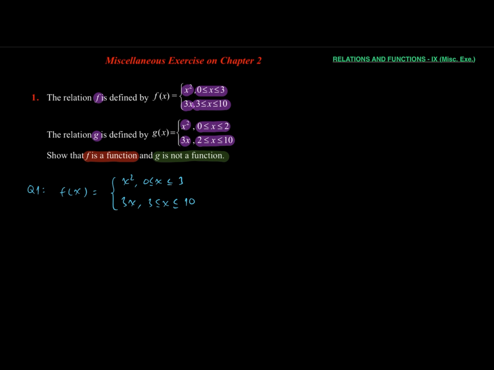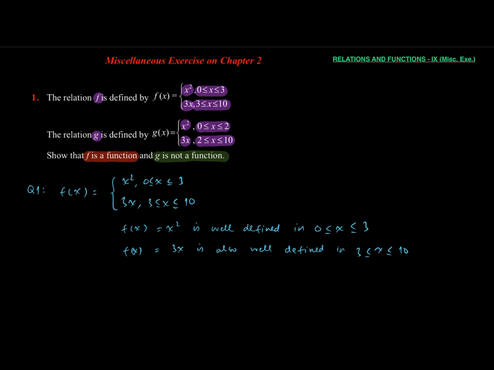So here one can observe that f of x is equal to x squared is well defined in x greater than or equal to 0 but less than or equal to 3, and f of x is equal to 3 times x is also well defined in x greater than or equal to 3 but less than or equal to 10.